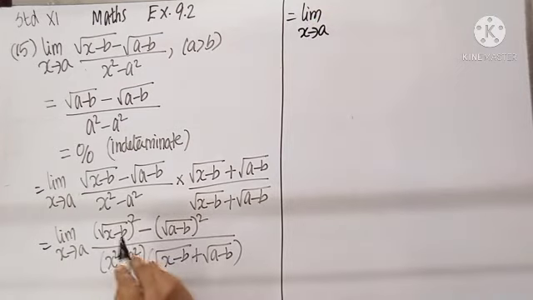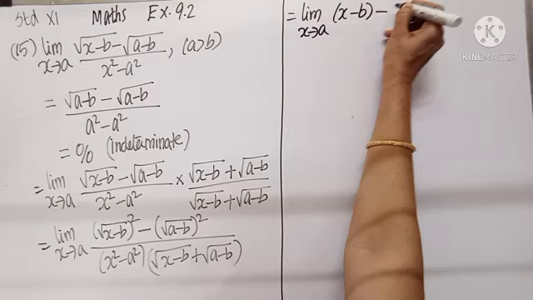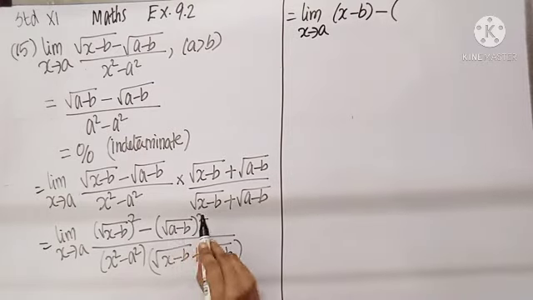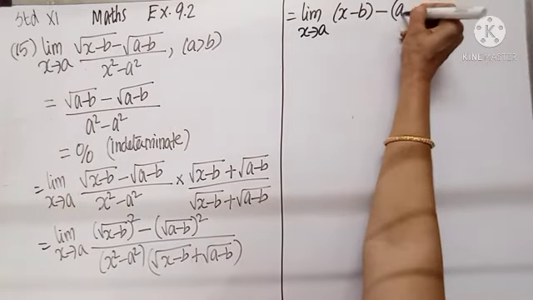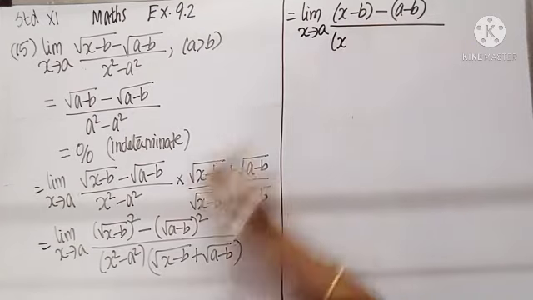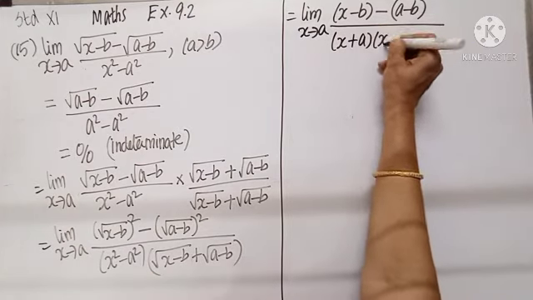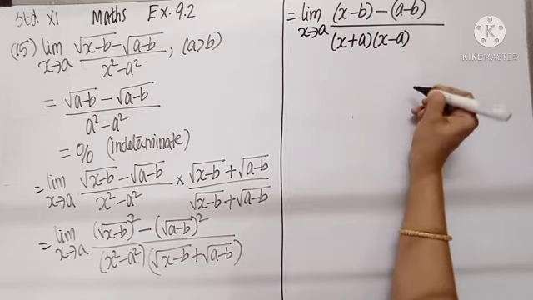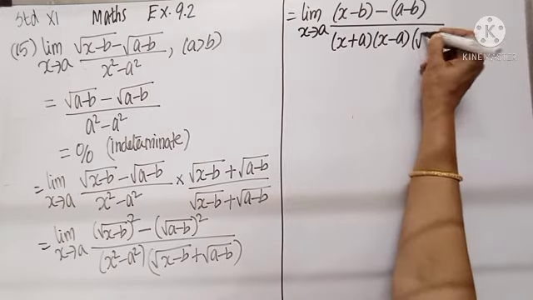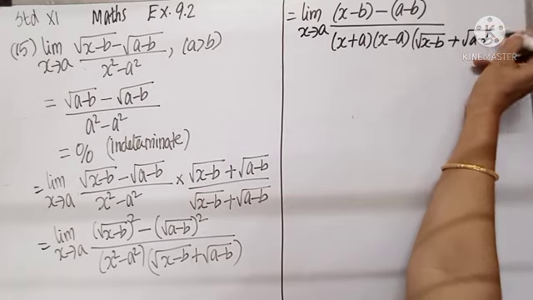In the numerator, square and root cancel. I get x minus b minus, root and square cancel, a minus b. The denominator term x square minus a square can be written as (x plus a)(x minus a), and the next term, root of x minus b plus root of a minus b.